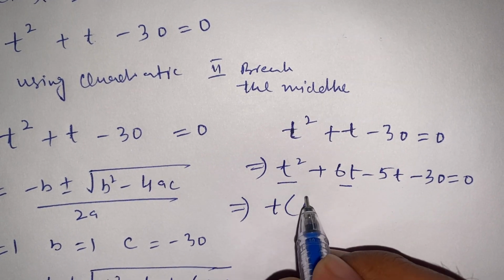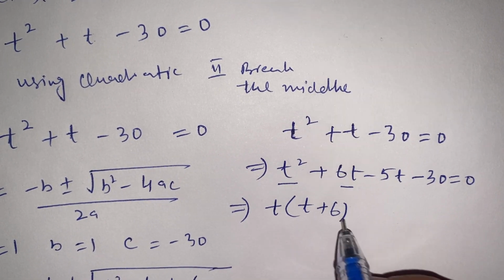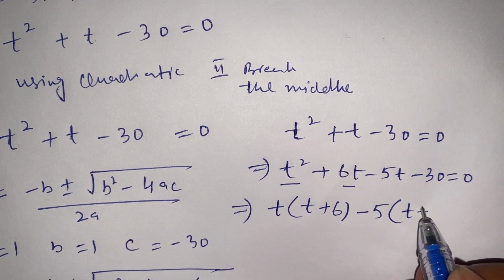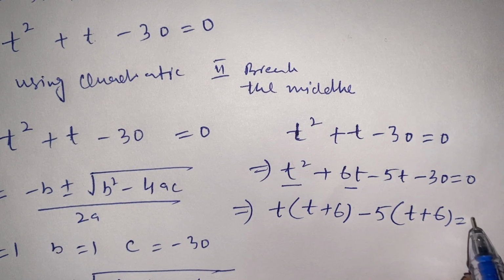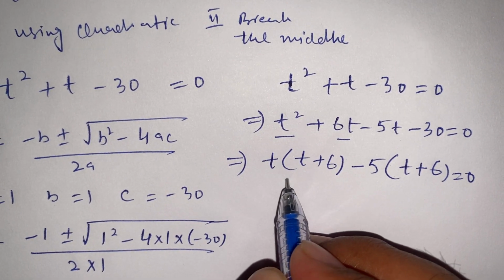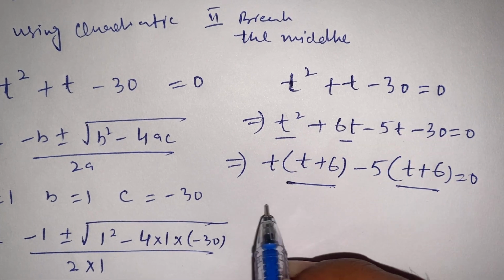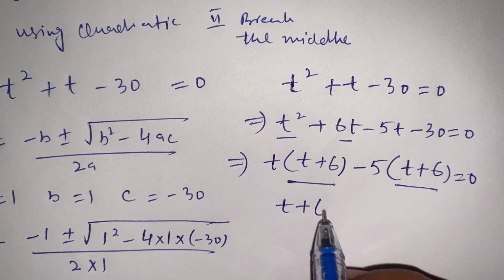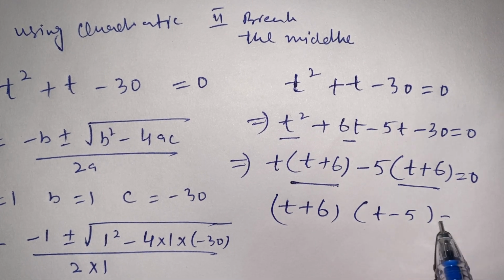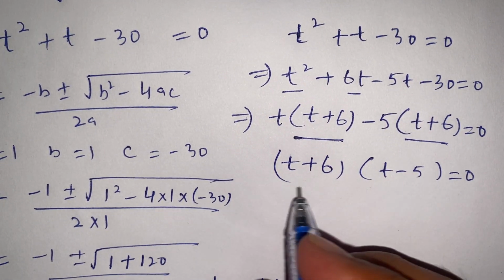We get t times t plus 6 minus 5 we can take out. Now t plus 6 equal to 0. Now we can take out t plus 6, here it is t minus 5, equal to 0.